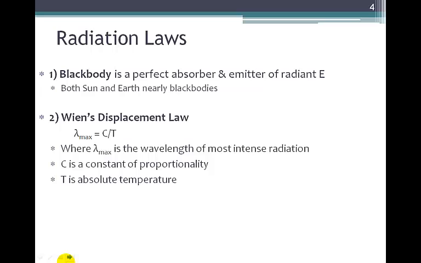So then the second radiation law is something called Wien's displacement law. It is the wavelength of maximum emission is equal to some value c, which is a constant, divided by T, which is temperature. So in other words, the wavelength of maximum emission is inversely proportional to the temperature of the object.